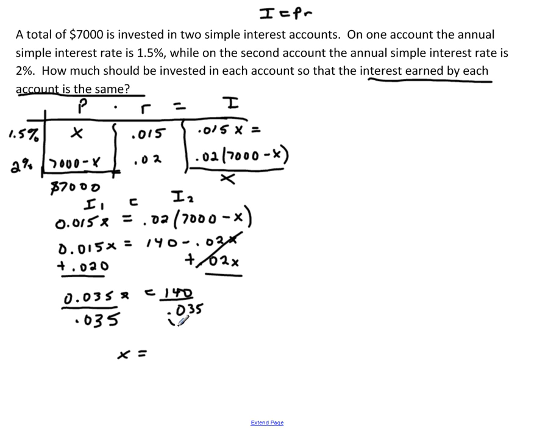I can shift that decimal to the right 3 places, which is the equivalent of multiplying by 1,000. Of course, if I multiply by 1,000 in the denominator, I have to do that in the numerator as well, so I'm going to have 140,000 divided by 35.